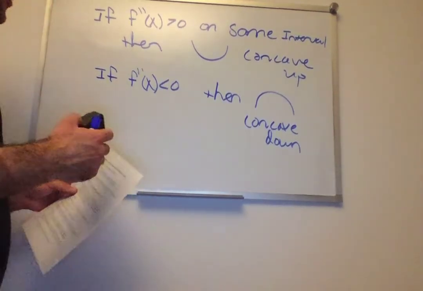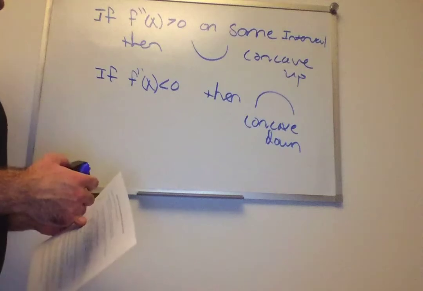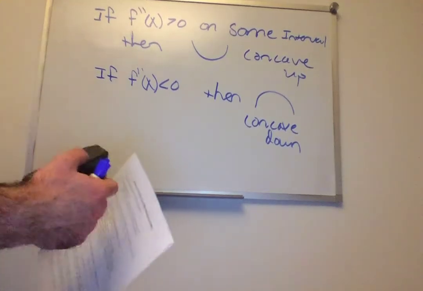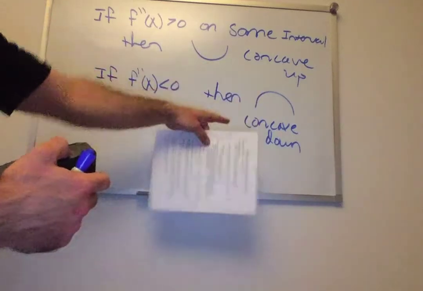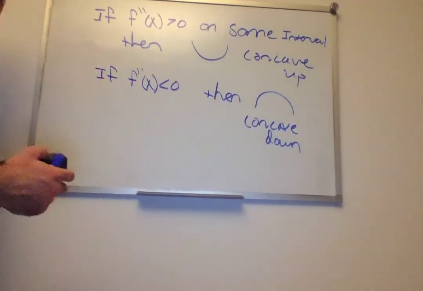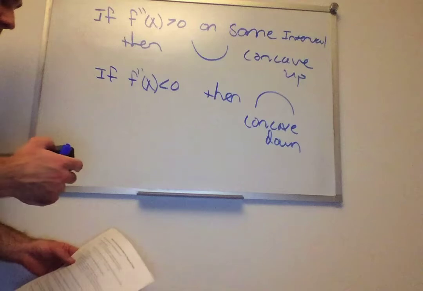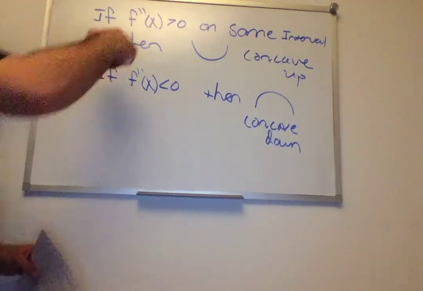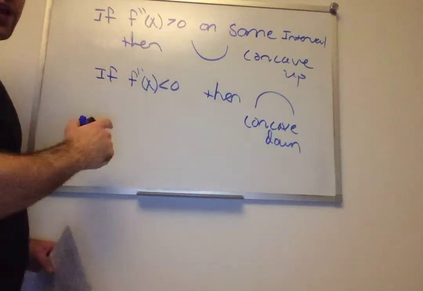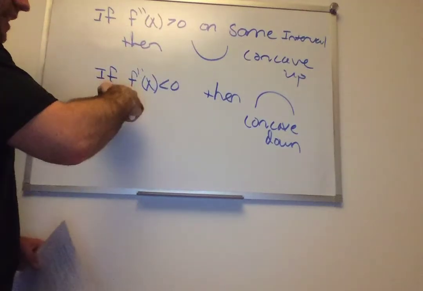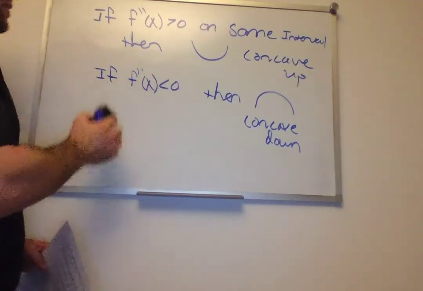So this gives us a way to find the intervals where the function is concave up or concave down. It's much like the increasing decreasing test where we take a derivative, in this case the second derivative, set it greater than 0, or take the second derivative and set it less than 0.